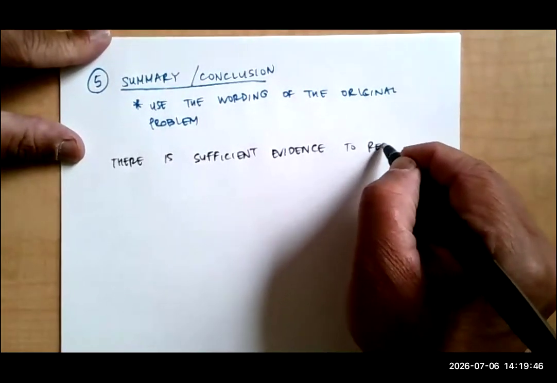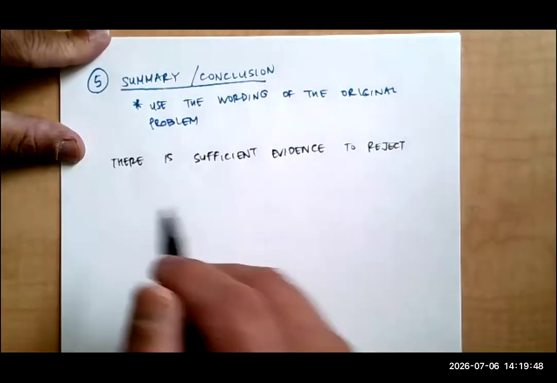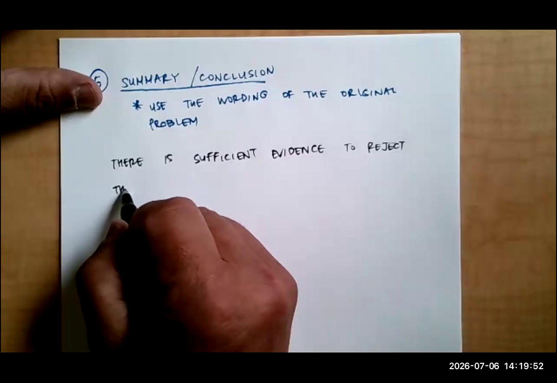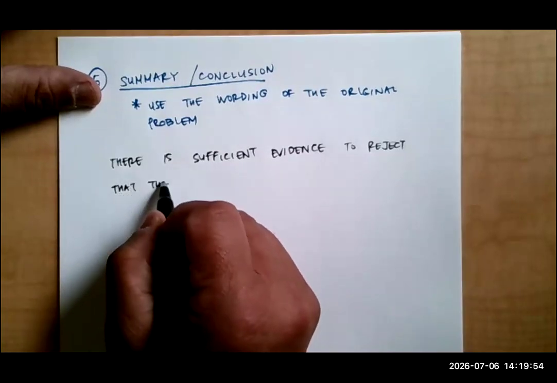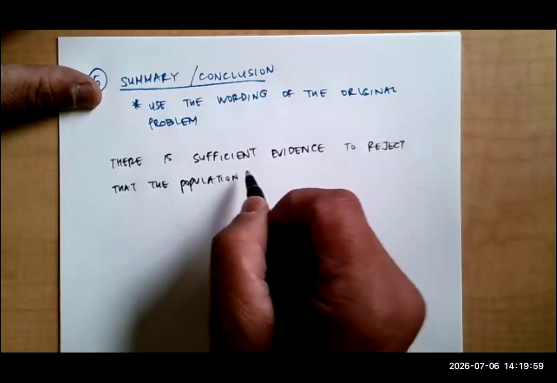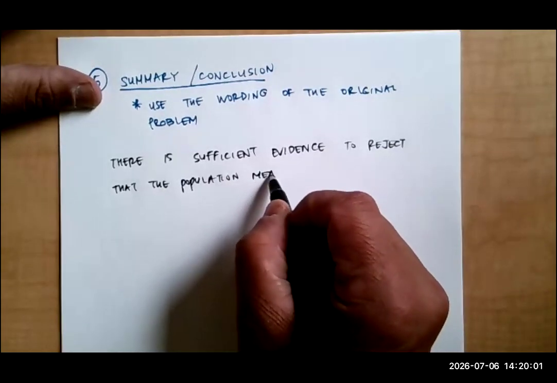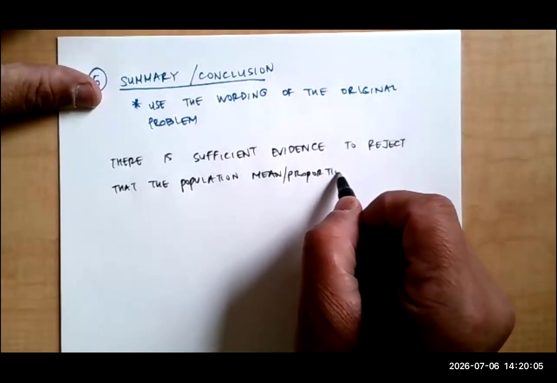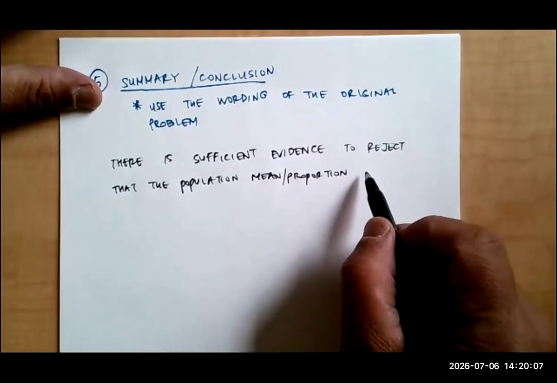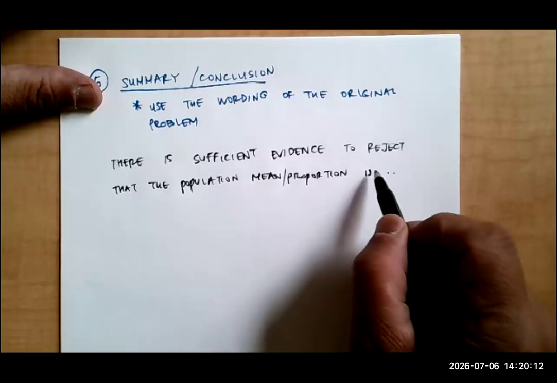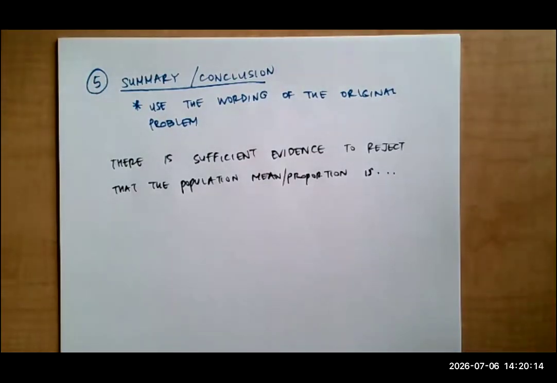To reject, and we go along with that null hypothesis, putting it into words, right? That population mean, or proportion, standard deviation, okay, is, I'll put dot, dot, dot. Now that's where the wording from the problem comes in, okay?